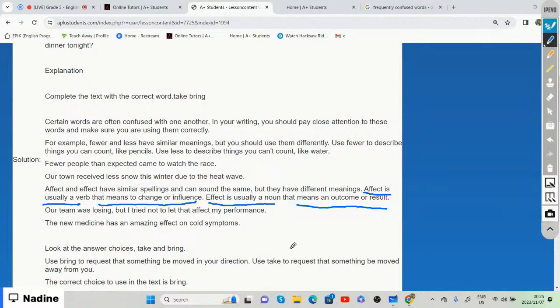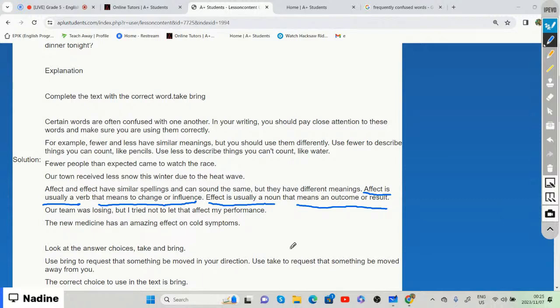It's like the example that we made earlier about healthy living or healthy eating. You need to find out what the benefits or the effects of healthy living or healthy eating are. So it's an outcome or result that you will get from maybe eating healthy.